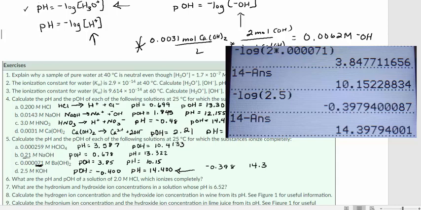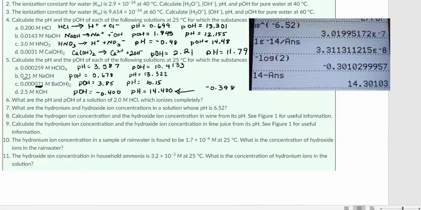Number 6, what are the pH and pOH of a solution that's 2.0 molar HCl, which ionizes completely? Well, for my pH, I'm going to take the negative log of the concentration of my hydrogen ion here. And since we're told it ionizes completely, this is a 1-to-1 relationship, so I'm taking the negative log of 2.0.